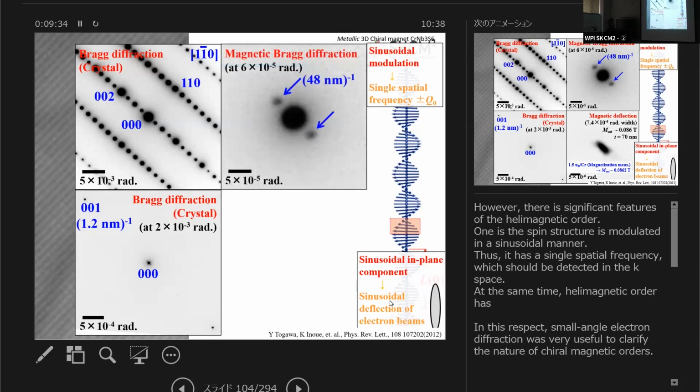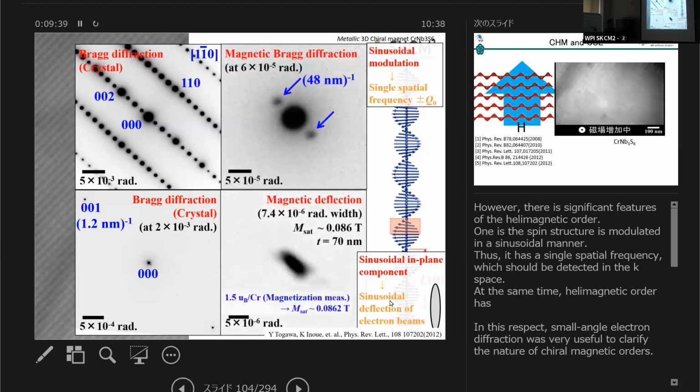If we zoom in further, this 000 diffraction becomes an ellipsoid, and this size corresponds to 3/2. This comes from the chromium 3 spins. So this magnetic structure comes from the chromium spin, and the helical pitch is perfect.